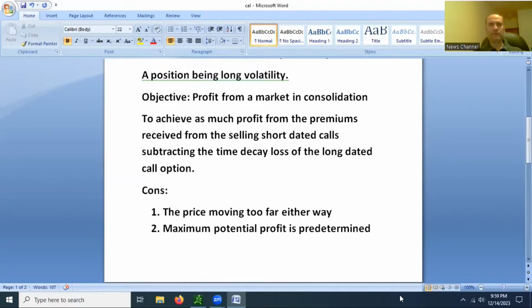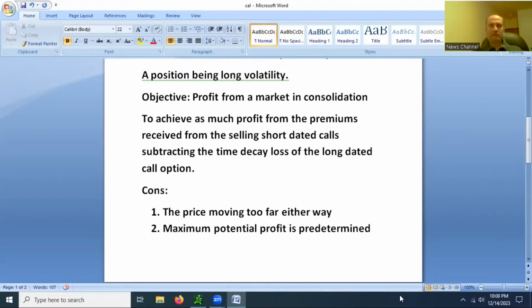So you're looking for something that has low volatility, forecasting that the volatility will increase during the duration of the option. Objective: profit from a market in consolidation. So what you're looking for is a market that basically doesn't move much, goes somewhat down, somewhat up, not too extreme, to achieve as much profit from the premiums received from selling short-dated calls, subtracting the time decay loss of the long-dated call option.